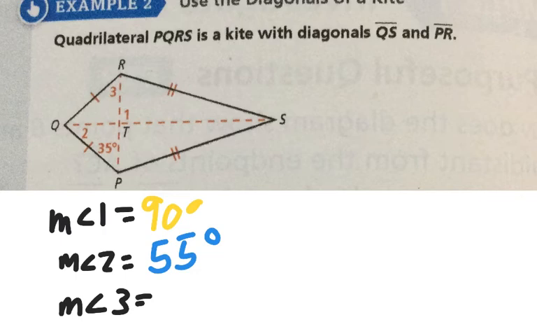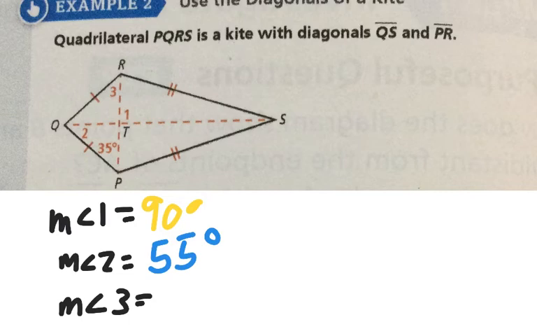Okay, so for me, what I see is a different triangle. I see triangle QPR. What kind of triangle is that? It's not equilateral. It's isosceles.